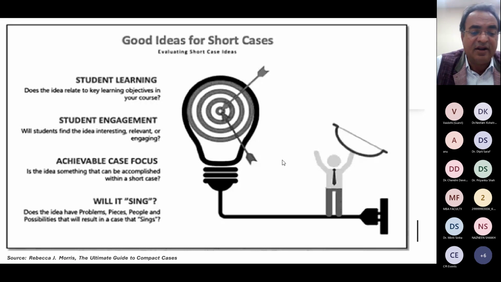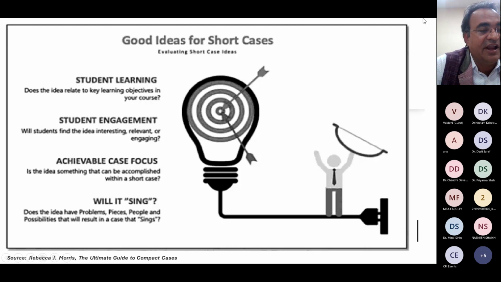So I may not go for that kind of lead to be converted into a compact case. And essentially, your teaching case needs to sing. It needs to connect. It needs to be empathized with, role played, or felt positively and in a very excited way by the participants. So does the idea have problems? Does it have different pieces or components? Does it include people, the protagonists and important characters?